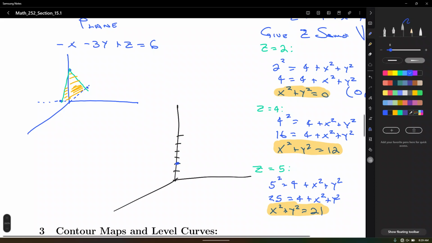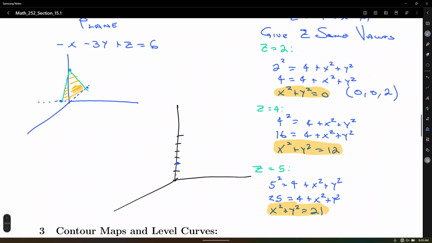And then from there, when z equals 4, 1, 2, 3, 4, I'm going to have this circle of radius square root of 12. It's kind of hard to plot, but I'll show you how this looks in the end. And when z equals 5, that's going to have another circle. And this is going to give us the cone we were describing.